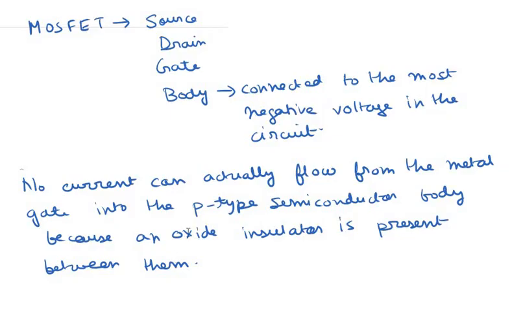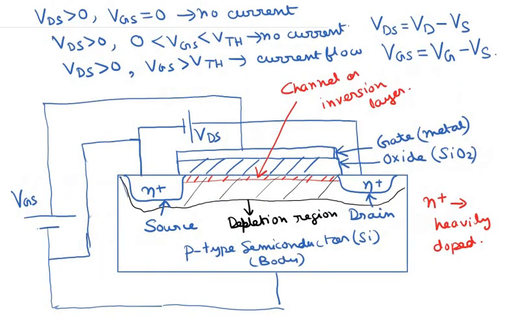This makes MOSFETs very useful for electronic applications. For example, in a transistor, as we discussed, the base is the input terminal and we connect the AC signal to the base. Here also, the gate is the input terminal for the AC signal. The gate is the controlling terminal. The gate controls the current between the drain and the source, and in most cases it is the input terminal for the signal.